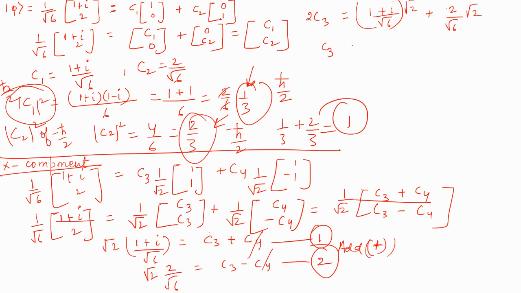Do it with me, if I'm making any calculation mistake. So C3 I'm directly writing: C3 will be 1 upon root 2, (3 plus iota root 6). Because here you will see this is 2 root 2, so this 2 will cancel, root 2 will cancel, and there will be root 2 in the denominator. This term will come 2 plus 1, 3, 3 plus iota. So here you can solve it.